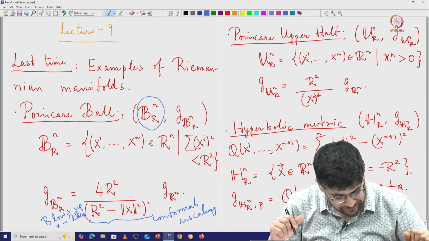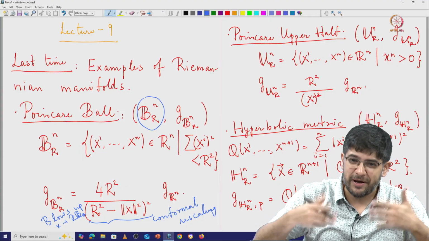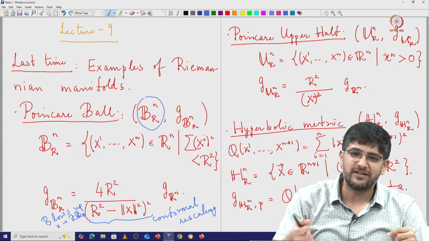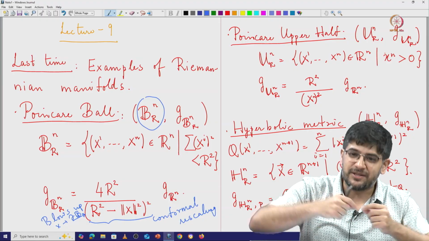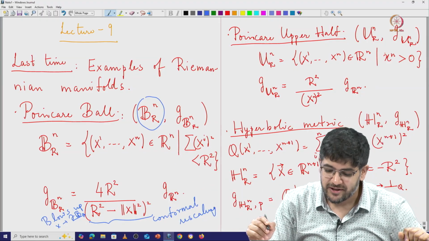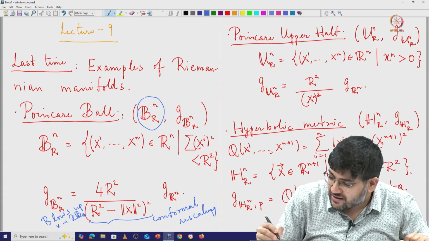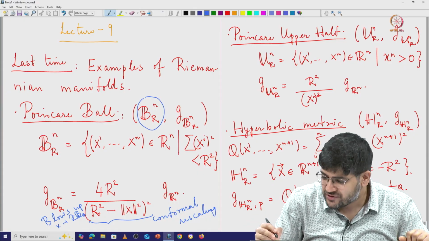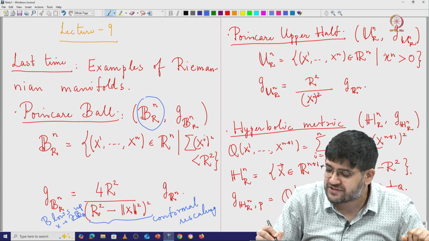Okay, if you reparameterize so that your curve has unit speed in this new Riemannian metric, it's impossible to reach the boundary in finite time.